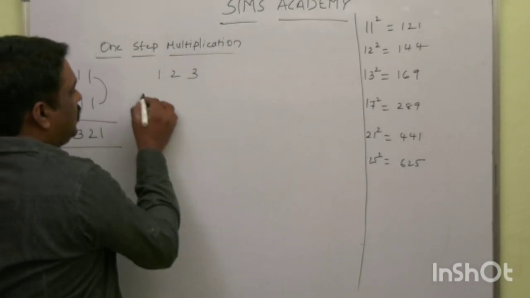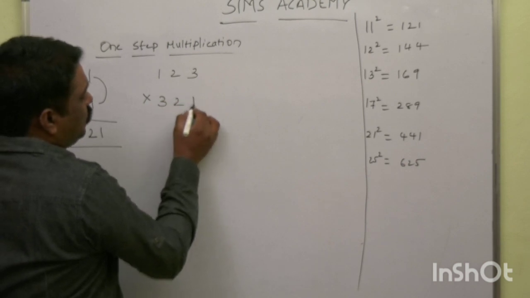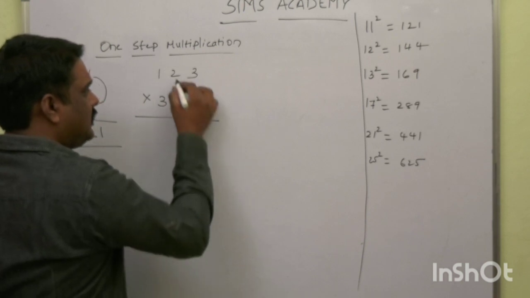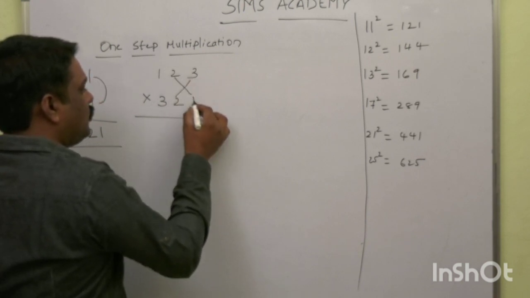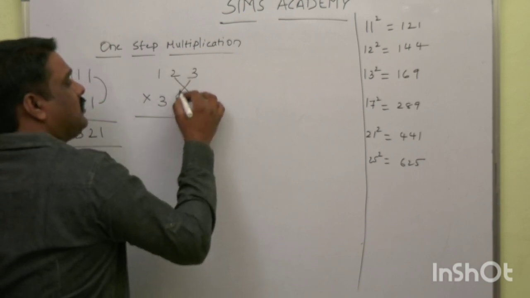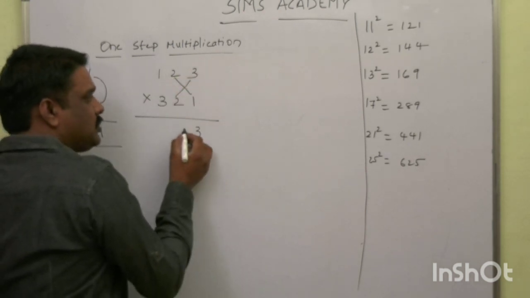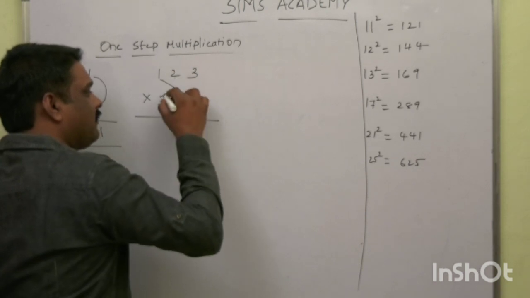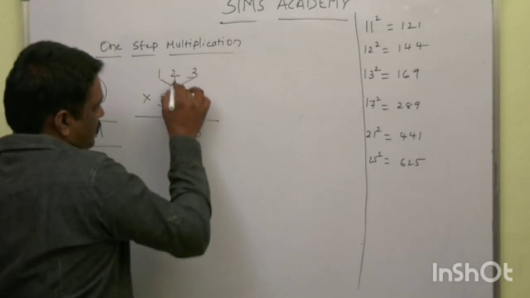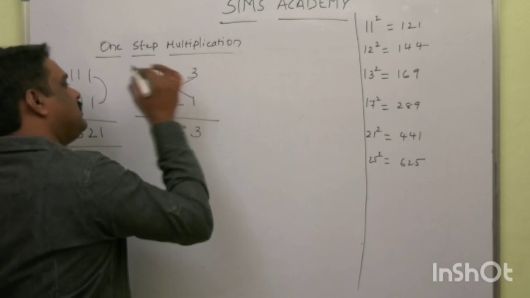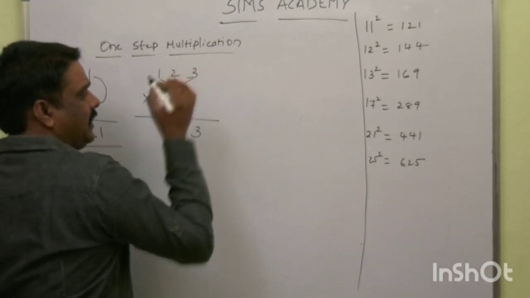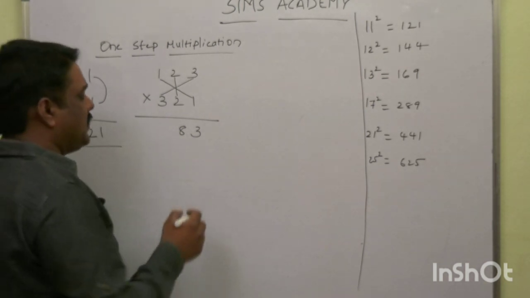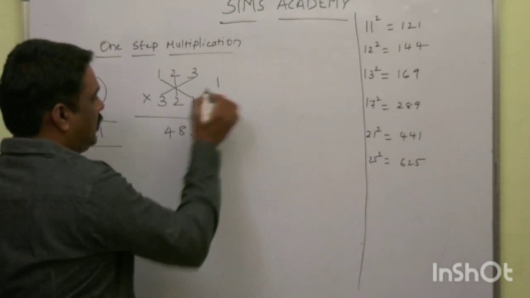Let us take another example. 1, 2, 3 into 3, 2, 1. 3 ones, 3. Crisscross, 2 ones 2 plus 3 twos 6, 6 plus 2 it is 8. Again this first to last, middle, 1 ones 1, 3 threes 9, 2 twos 4, 9 plus 1 10, 10 plus 4 is 14.